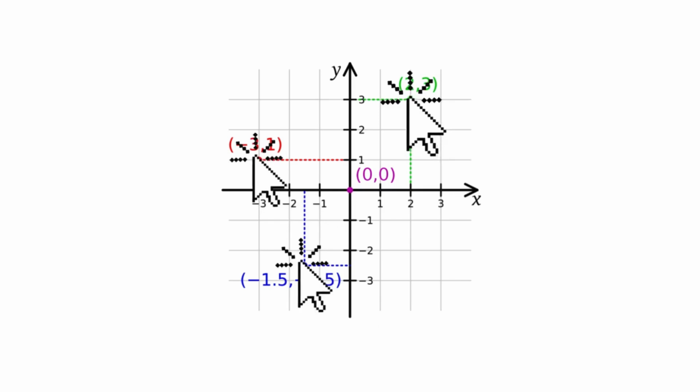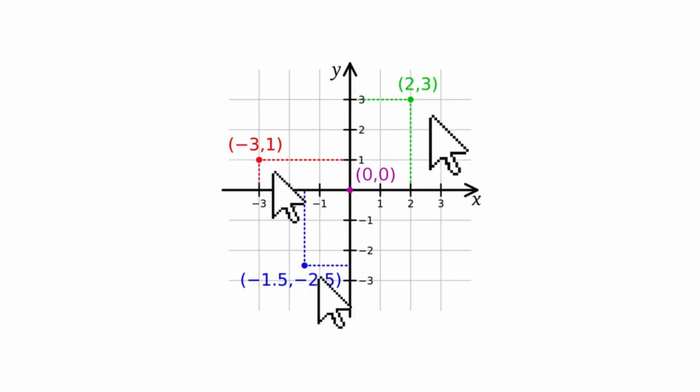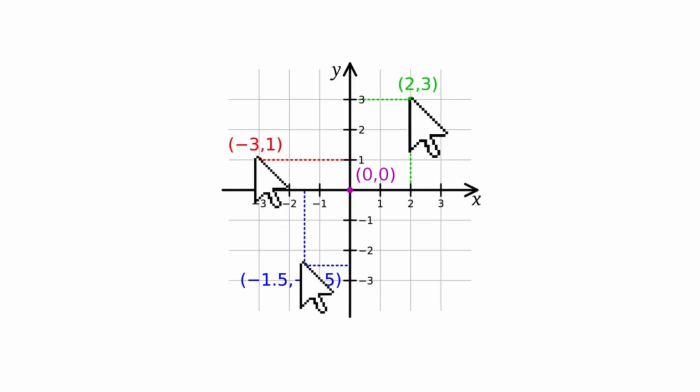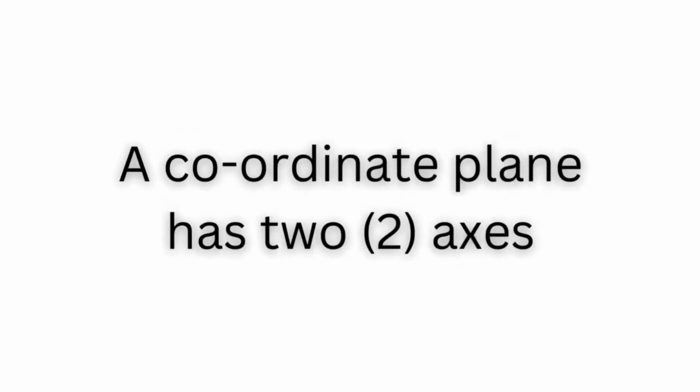Points are just like where two numbers or letters meet and bond. So plane is just a two-dimensional space. Okay, now a coordinate plane has two axes.